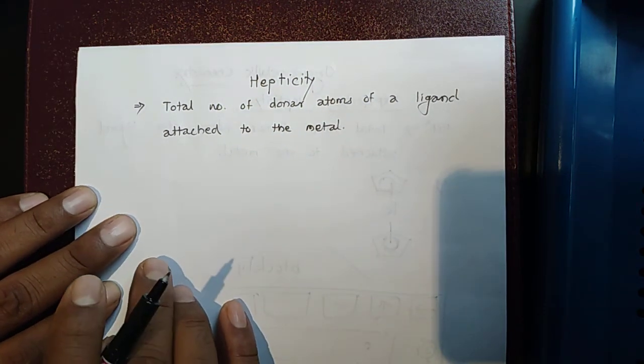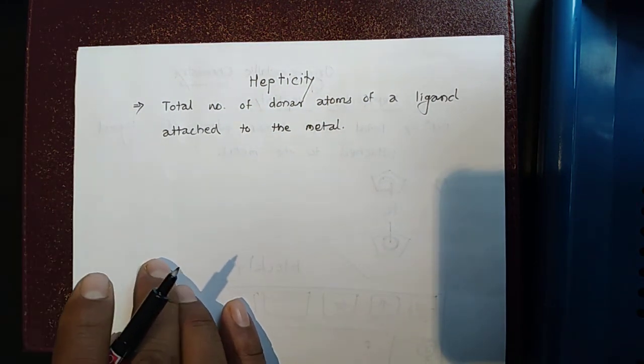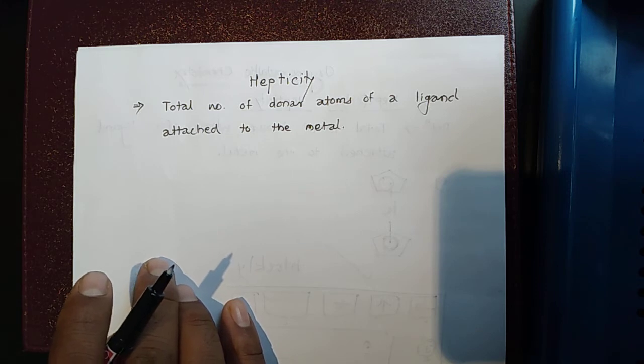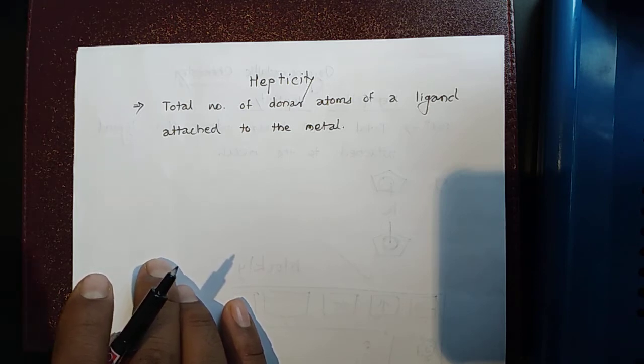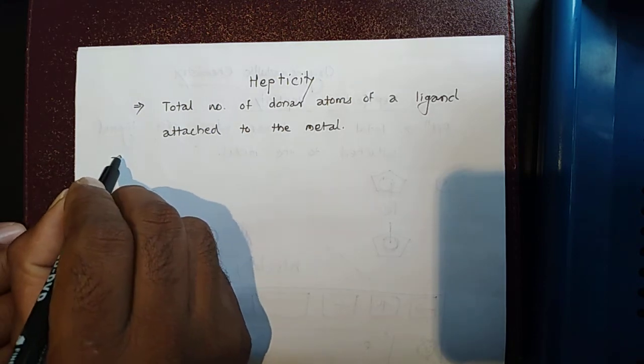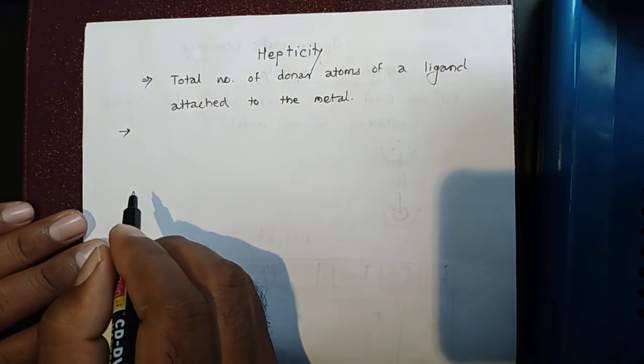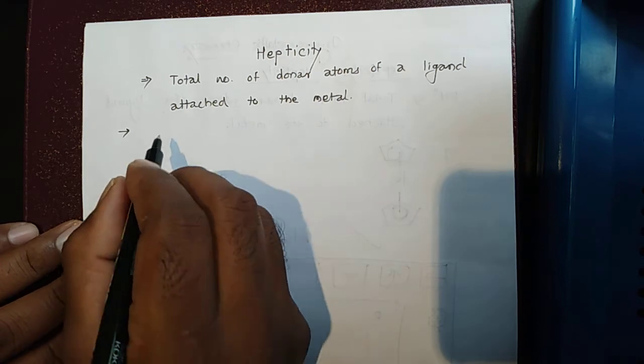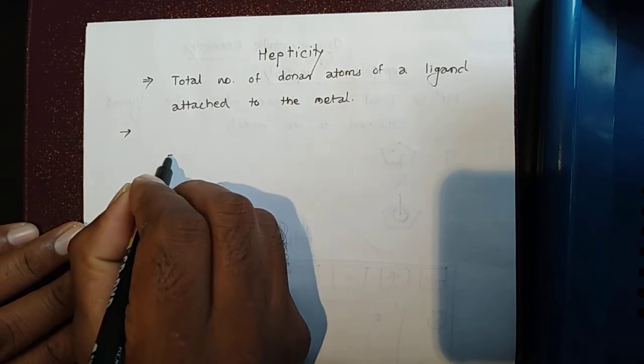How many ligands there are is a different matter, but the total number of donor atoms present on that ligand is called hapticity. Better to solve some examples, then we will understand in a better way.